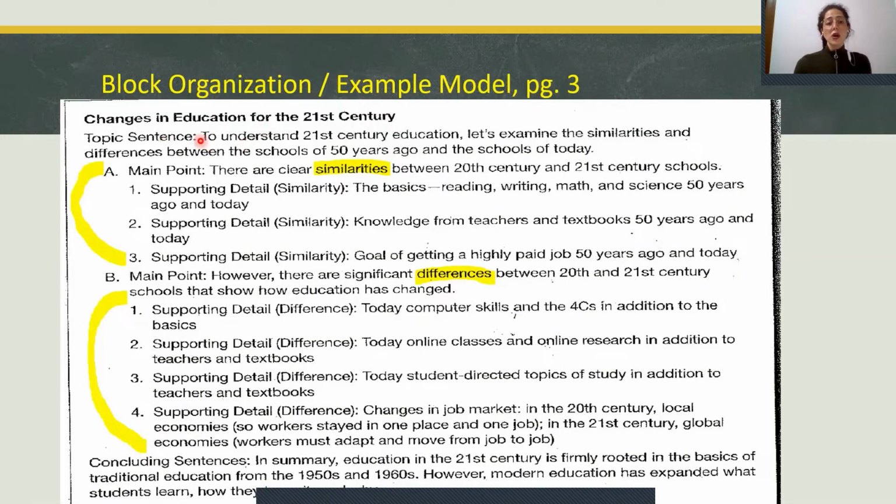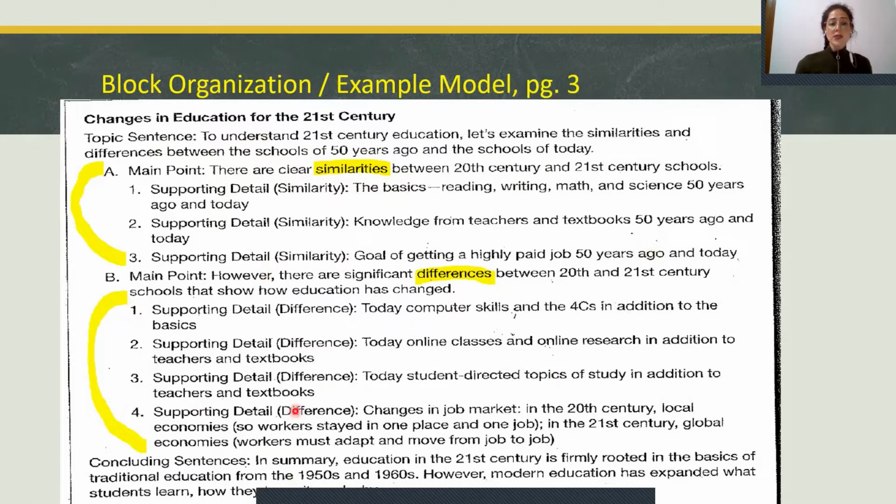So 50 years ago, schools today, similarities, differences, the same topic sentence, nothing changes in topic and concluding sentences, but what changes here? The first main point, there are clear similarities between 20th century and 21st century schools. All the similarities are here. Today, 50 years ago is similar in this way.